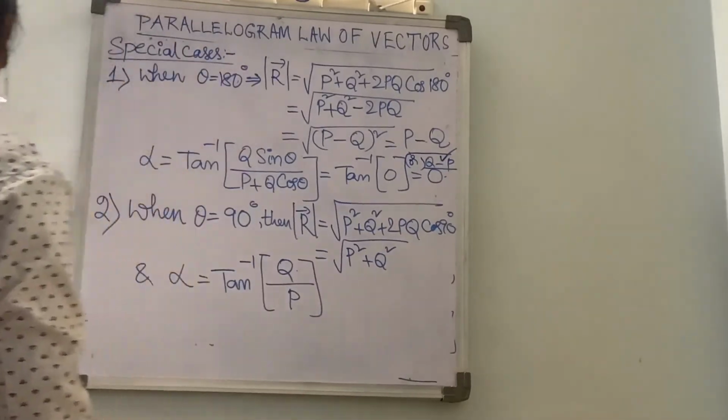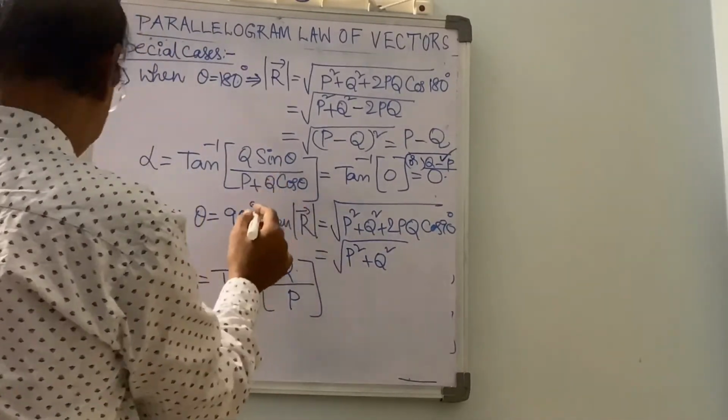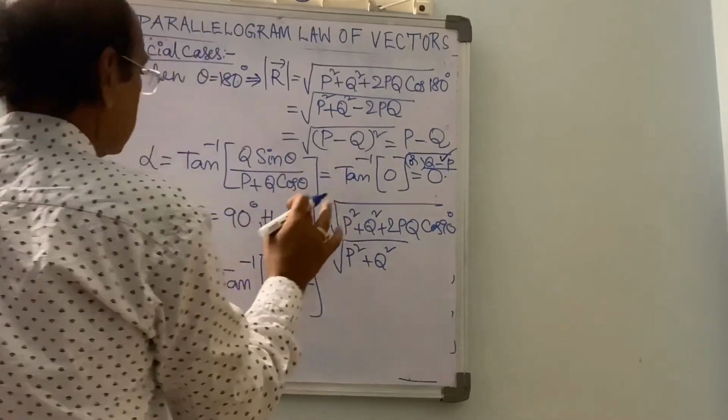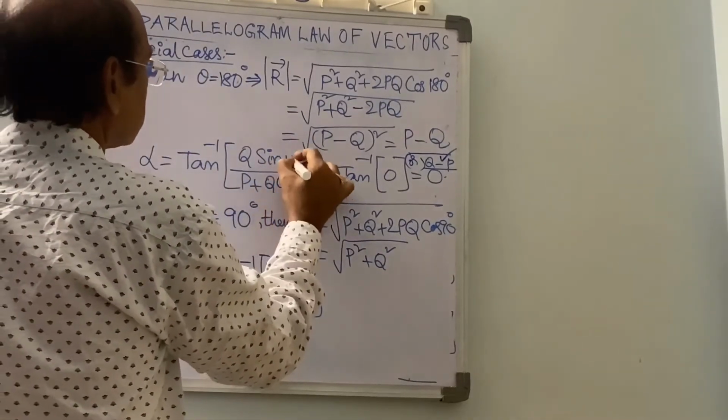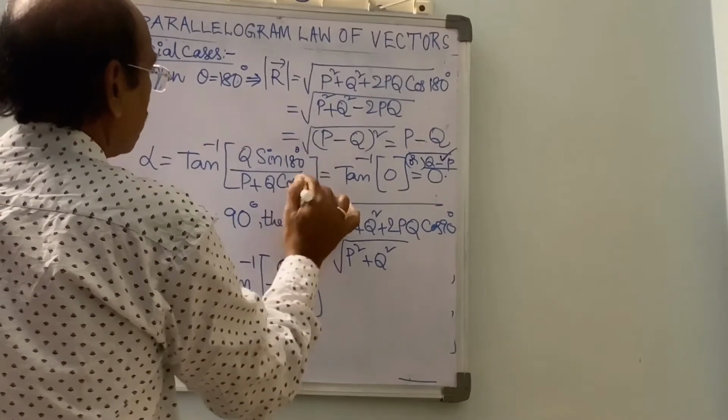And alpha is q sin theta by p plus q cos theta, where theta is 180 degrees, so we have sin 180 by cos 180 degrees.